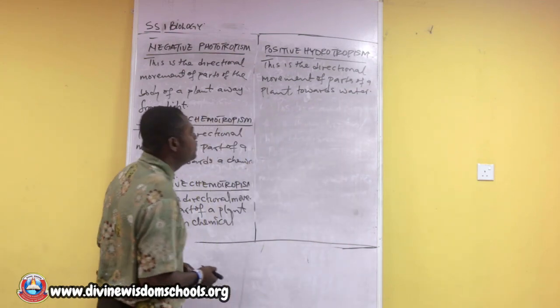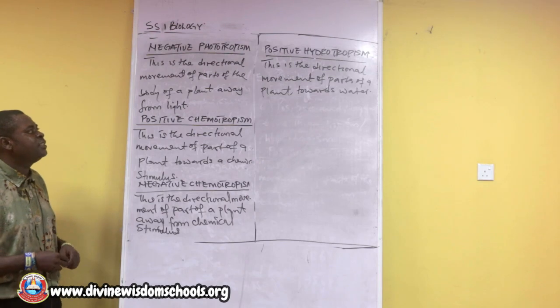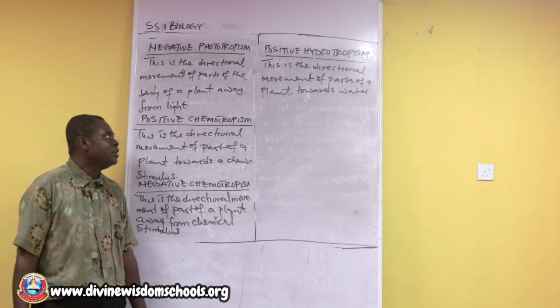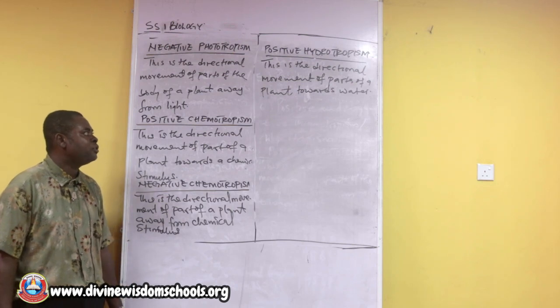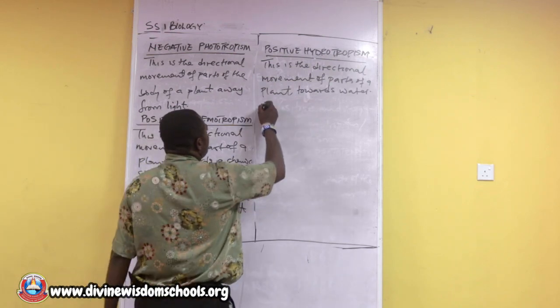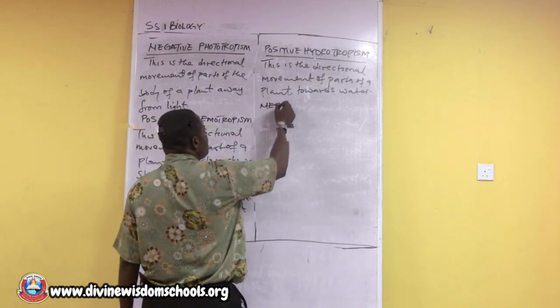For example, the root of the plant growing towards soil water. In the soil, that growth is positive hydrotropism.